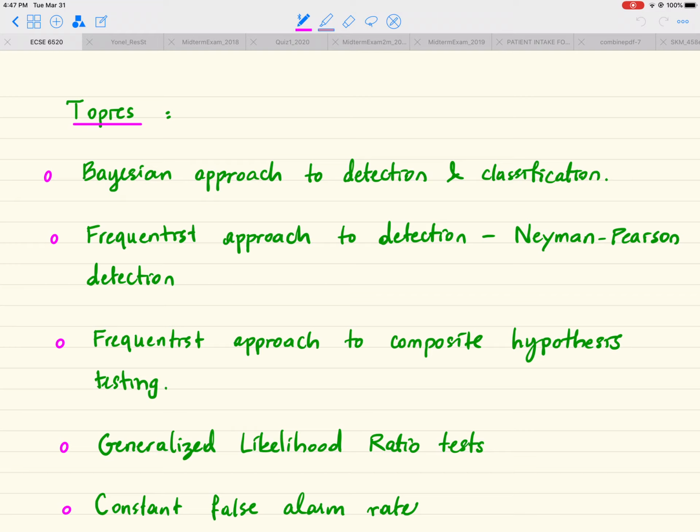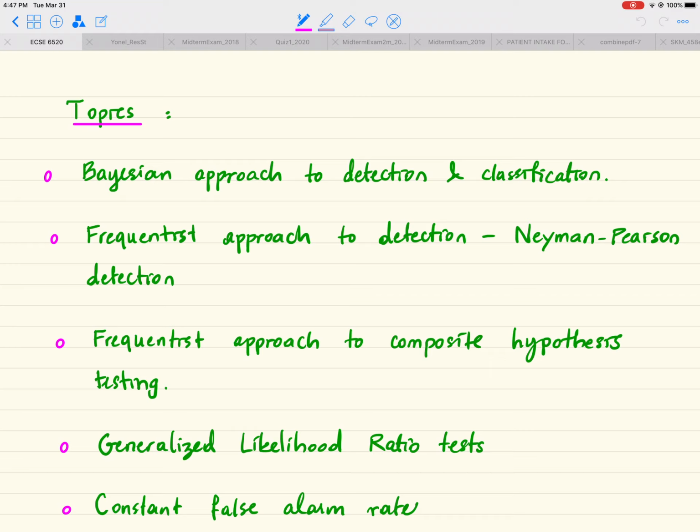And next we'll look into what's called the composite hypothesis testing problem within the frequentist approach. For the Bayesian approach, whether we have a simple test or a composite test would not make any difference. The theory applies to all different types of tests in a straightforward manner.